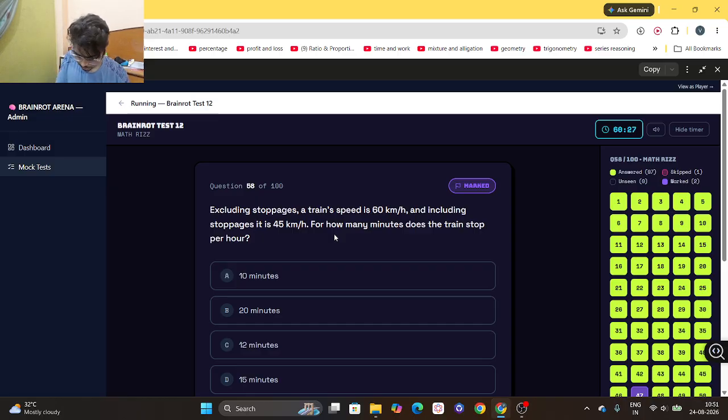So the total distance we can assume is 180 kilometers. If the speed is 60 kilometers per hour, time will be 3 hours.